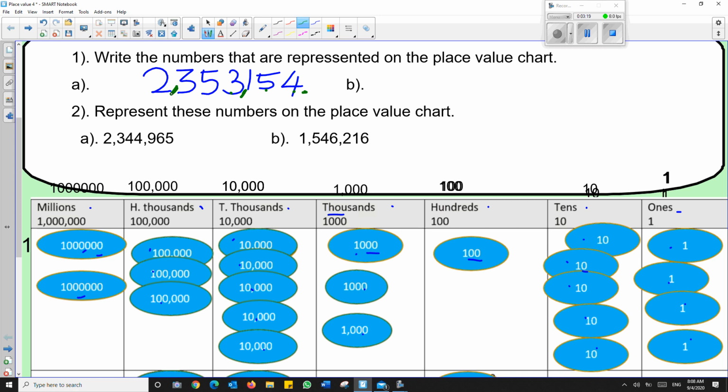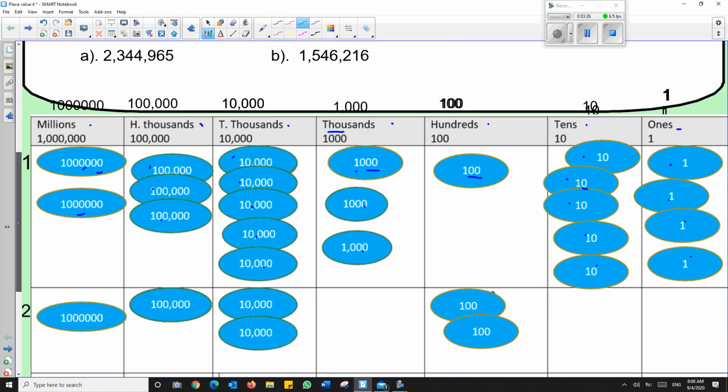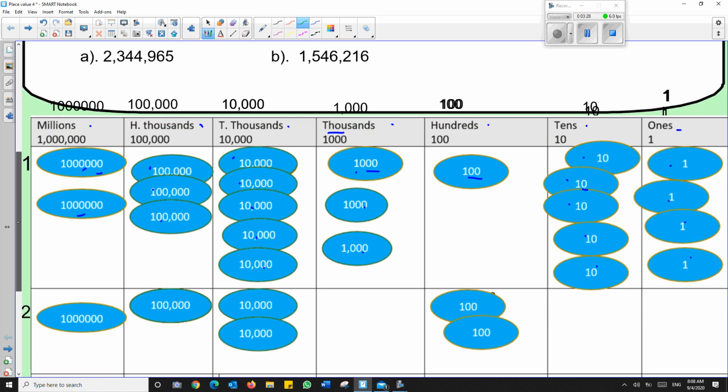Number 2, part B. Let's check the ones column. How many ones are there? There's nothing.